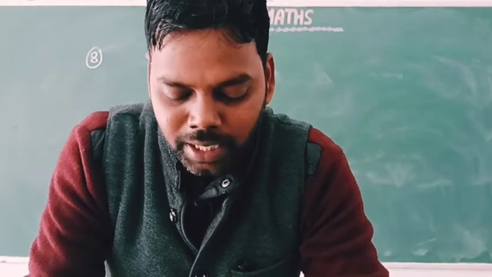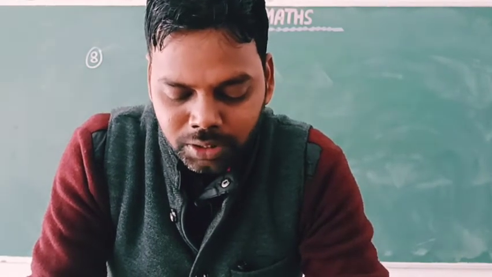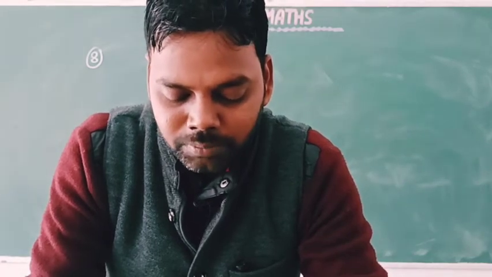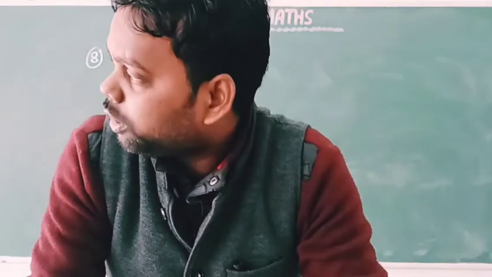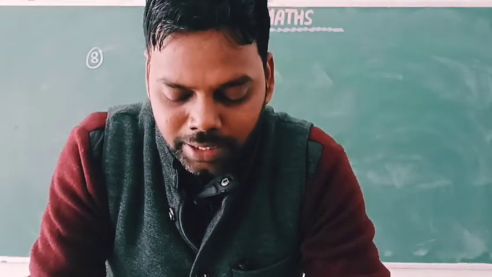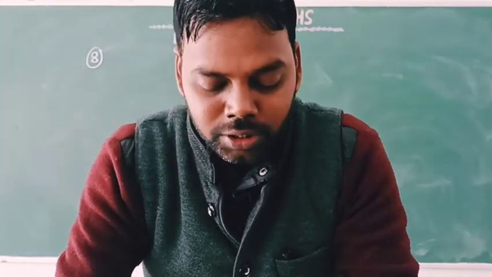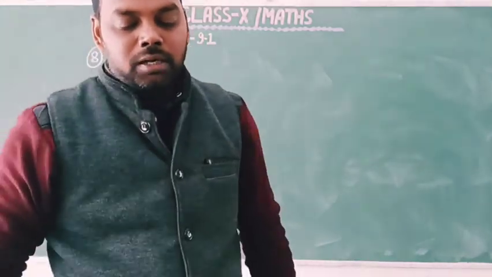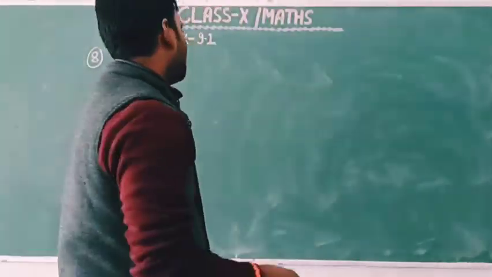From a point on the ground, the angle of elevation of the top of the statue is 60, and from the same point, the angle of elevation of the top of the pedestal is 45 degree. Find the height of the pedestal. So the statue is 1.6 meter tall, standing on the top of a pedestal.